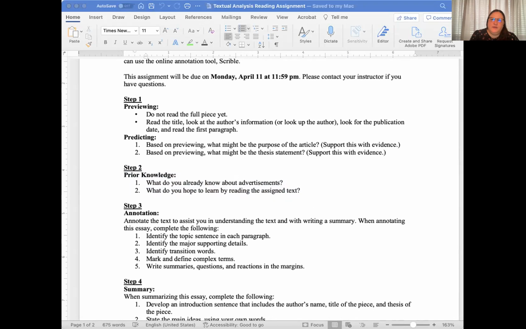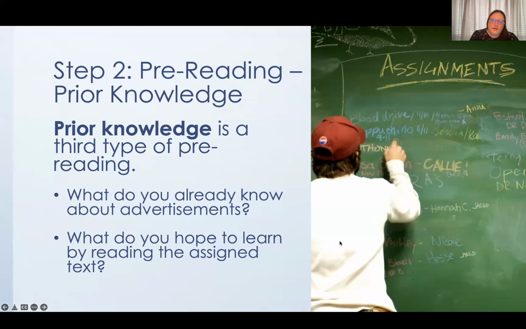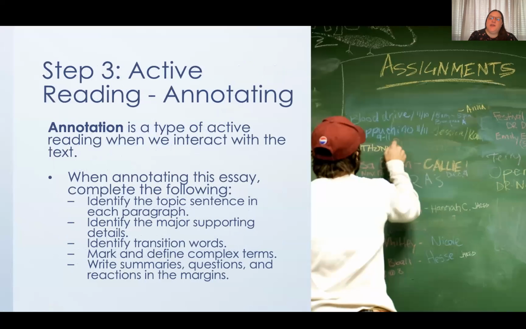And let's switch back over to our PowerPoint presentation. So after you answer the prior knowledge questions, then I'll ask you to annotate. And remember, we already tried our hand at annotation with our syllabus. And so now I'm asking you to work on annotation on your own, right? And so with each paragraph that you read, try to identify the topic sentence.